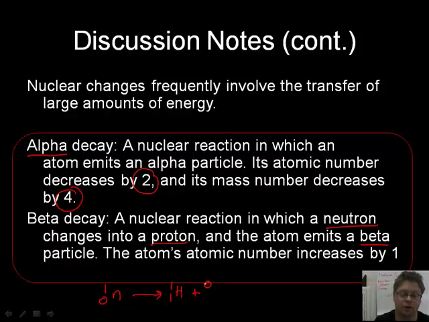A beta particle has a charge of -1 and is equivalent to an electron. It's an electron leaving the nucleus. If we add these up, 1 equals 1 plus 0, does that make sense? Yep. And on the bottom, 0 equals 1 minus 1. So when the neutrons in the nucleus become unstable, that's when you can get beta decay.